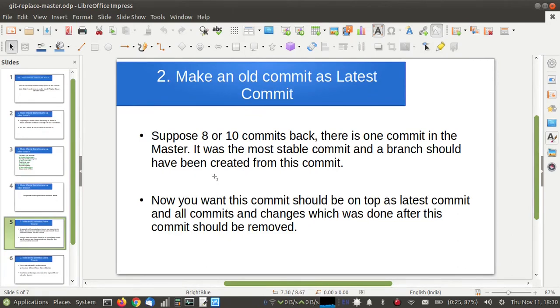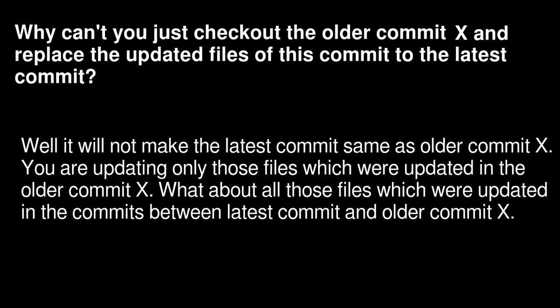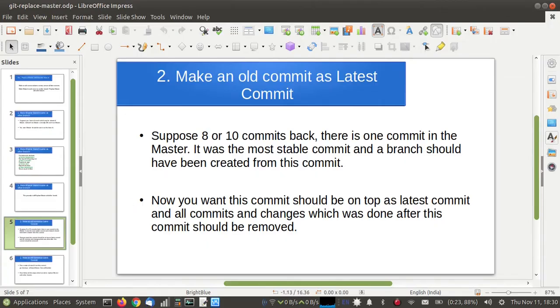Now suppose 8 or 10 commits back there is one commit in the master, and you find it was the most stable commit, and a branch should have been created from this commit, but the branch was not created. Then what will you do? Now I'm going to give you an example again.